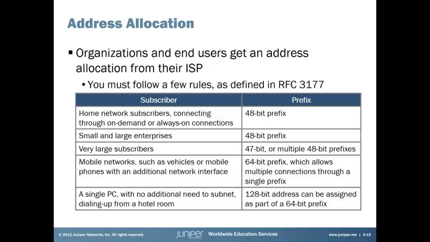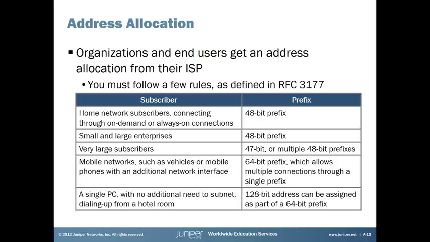When you get an address allocation from an ISP, or alternatively from a regional registry, and a lot of organizations will do that, a large organization will actually not get a provider allocated address. A large organization will actually get the regional registry or an independently allocated address.